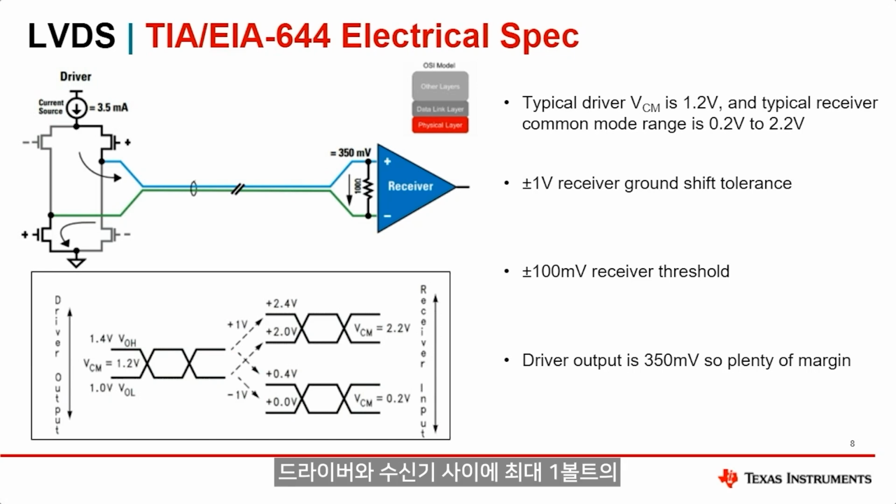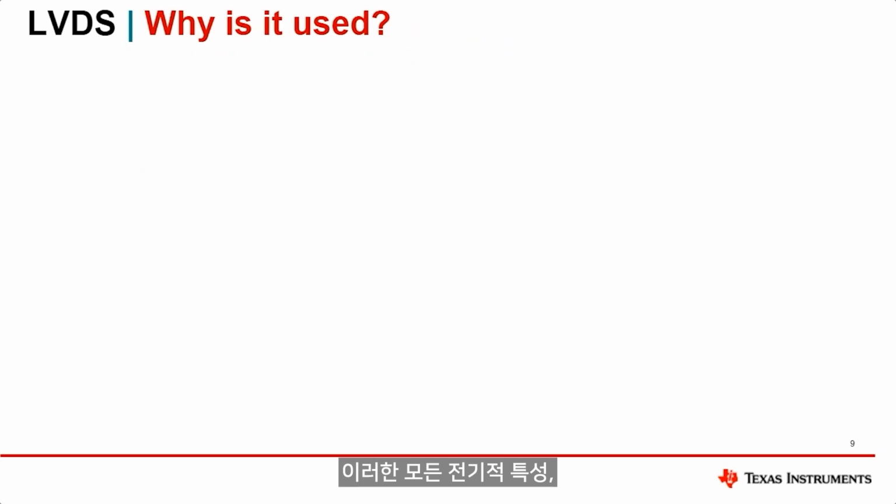This allows for up to 1 volt ground potential difference between the driver and receiver that the receiver will be capable of accepting. So this is the feature that allows for that ground shift tolerance that I discussed on the earlier slide. All of these electrical characteristics, the very small differential voltage swing, lend themselves to 3 key benefits.